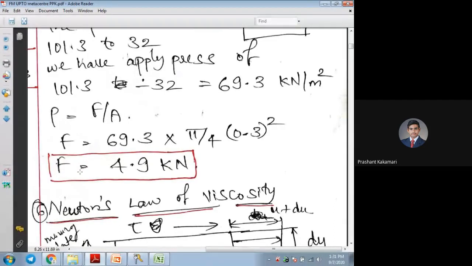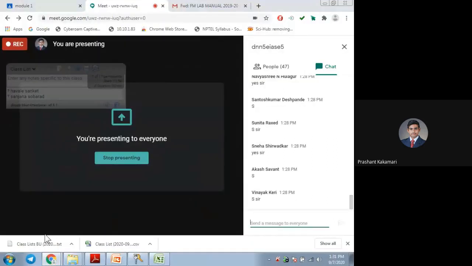Once you apply that force, it will reach 32 kilopascal. Water vaporization starts at 70 degrees centigrade inside the piston cylinder. So I have taken this problem to understand vapor pressure, and how force and pressure act in this concept.